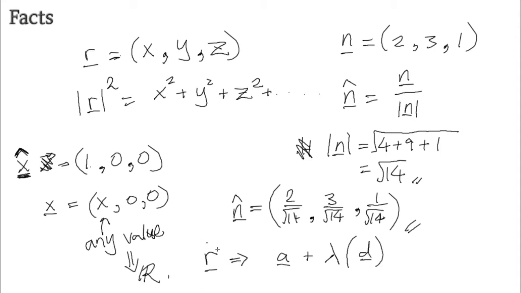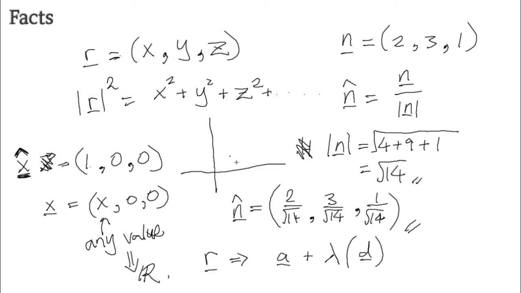So this will be a line, and a is a starting point in the space, just one particular dot on this line, and lambda is a distance away from this dot along this direction. It's almost too difficult to visualize. I will try to do it on a 2D surface.